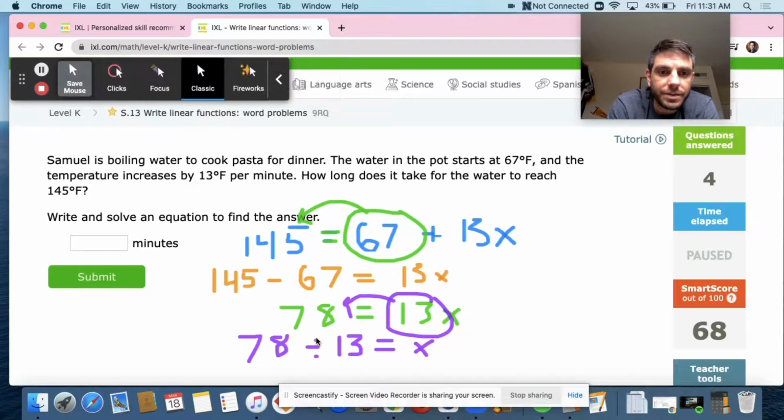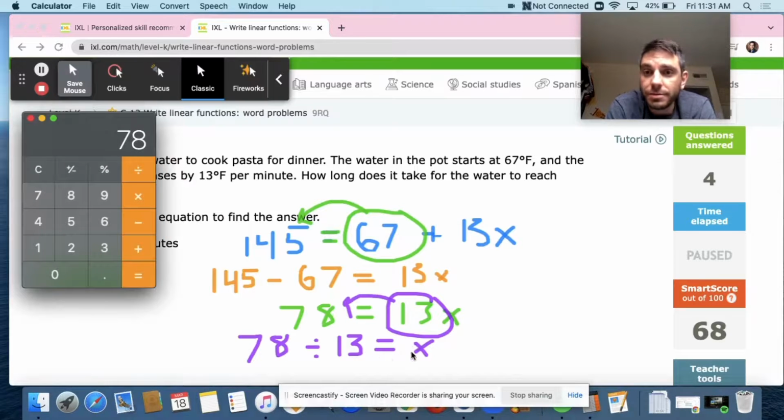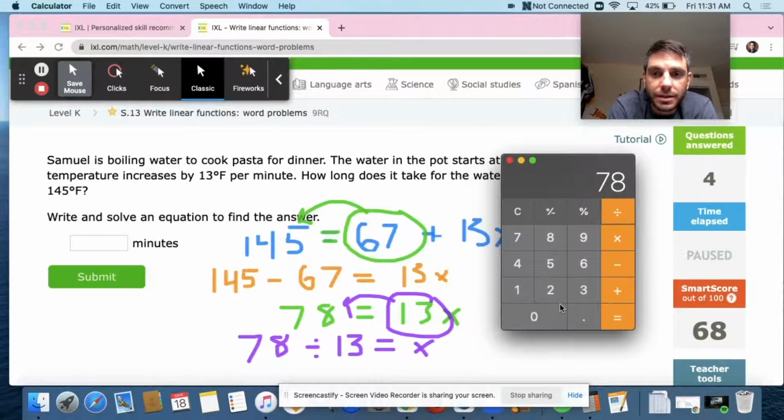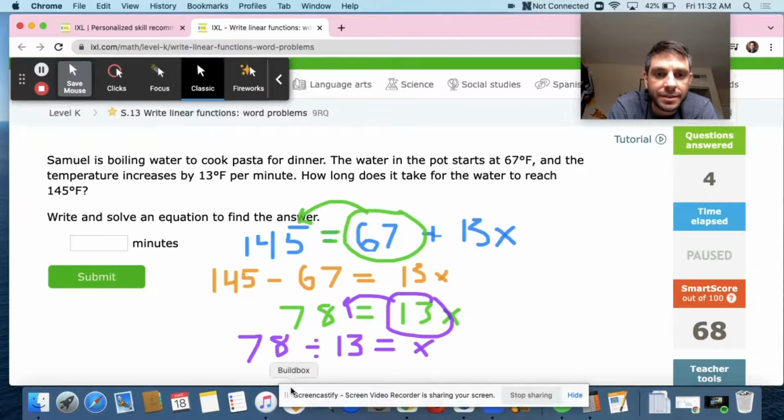And so it says 78 divided by 13 is equal to the letter x, the changeable letter x. So we just do 78 divided by 13, and our answer for x is 6.